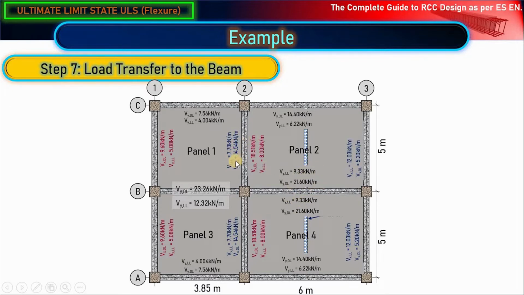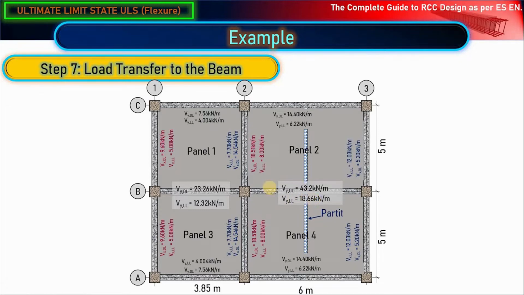In the same way, here the dead load 14 and here the dead load 18 will be added, and the total dead load will be here, and the live load 7.7 and 8.00 will be added, and a total of maybe 15.7 kilonewton per meter live load will be applied here. Now let me show you how things are going on. The sum of the two dead loads here will be 43.2, and the live load will be 18.66.